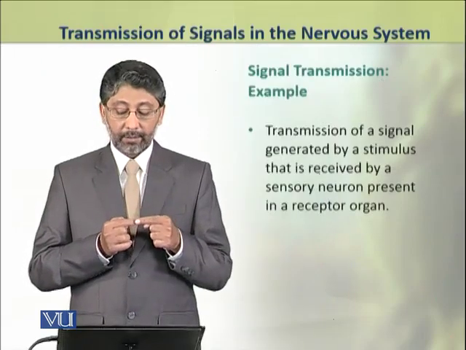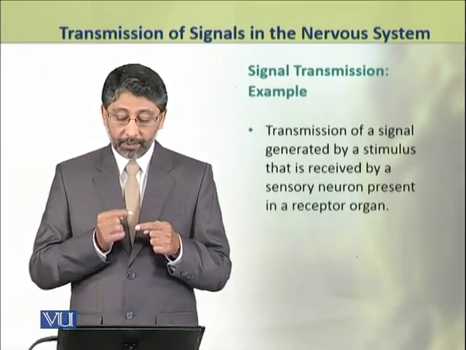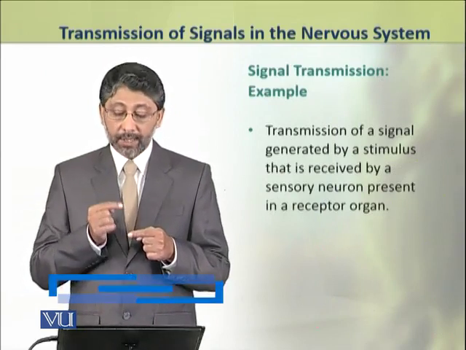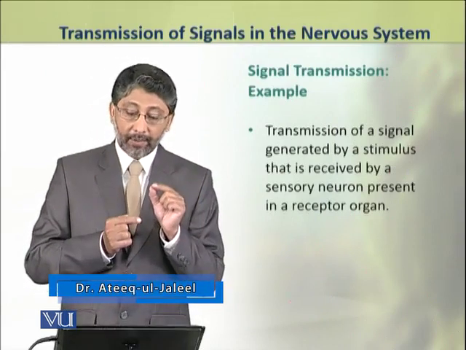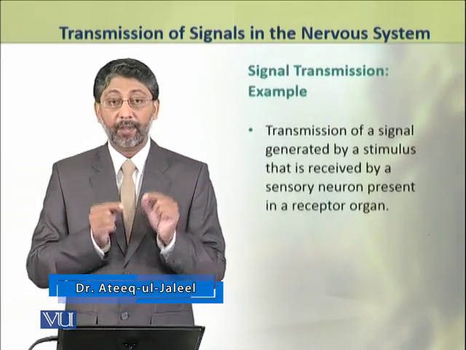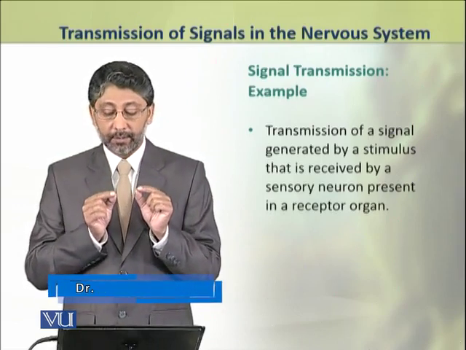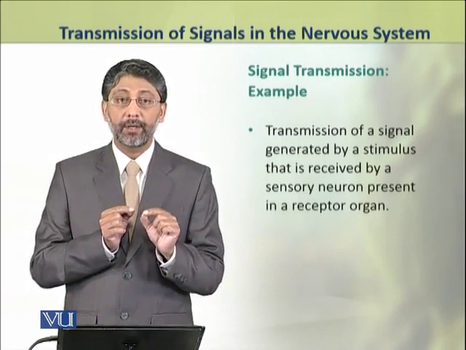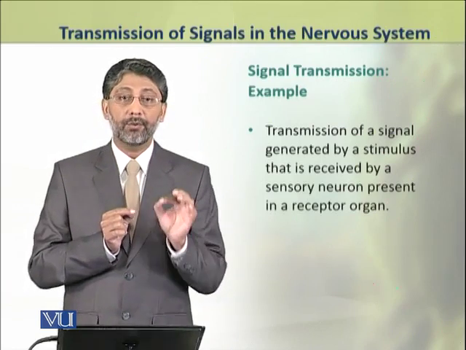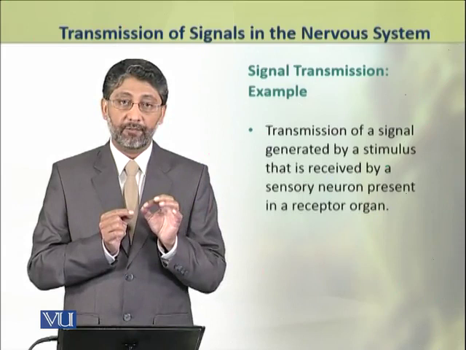We shall take an example in which a stimulus is received by a receptor organ at its sensory neuron. As a result, a signal is generated which is transmitted through the neuron into the other components of the nervous system.